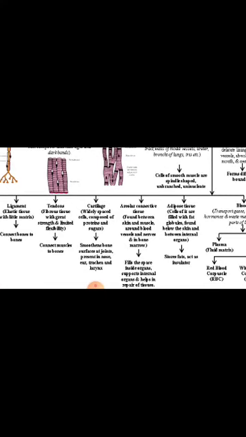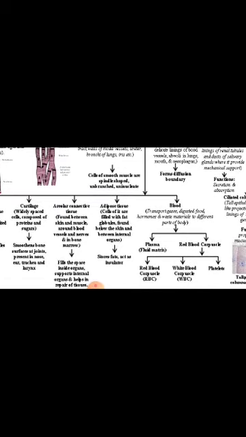We had talked about different types of connective tissues, that is the areolar tissues and the adipose tissues, and the last classification is the blood. Now these we have already discussed in the previous session, but we'll just have a quick recap.